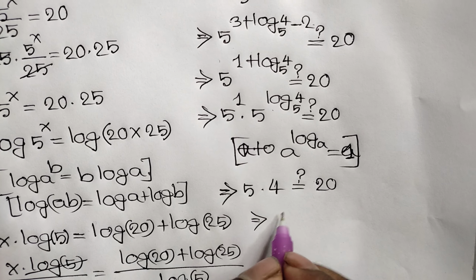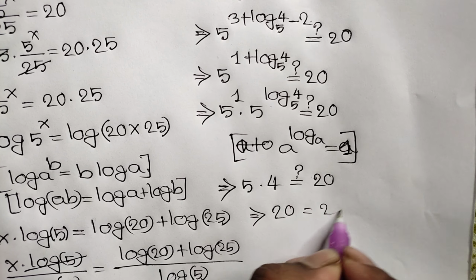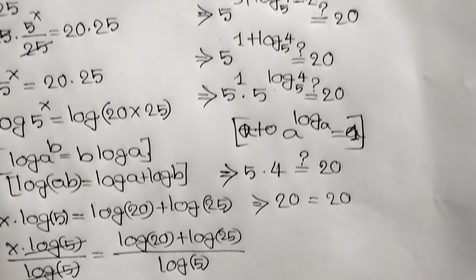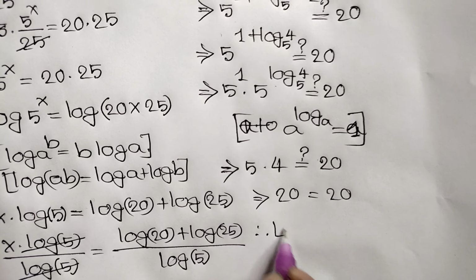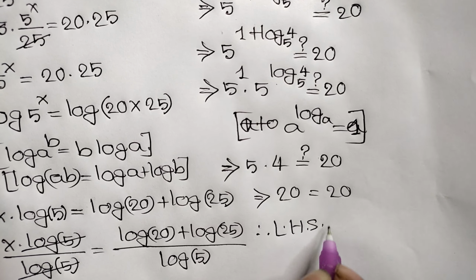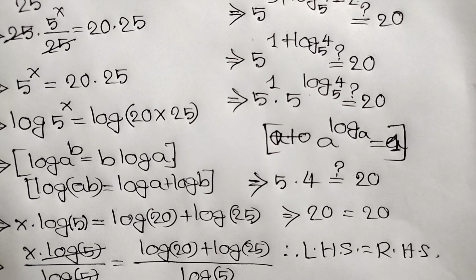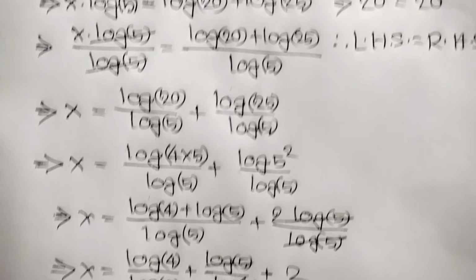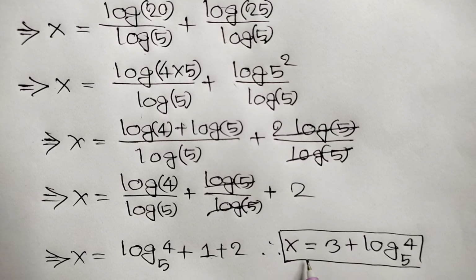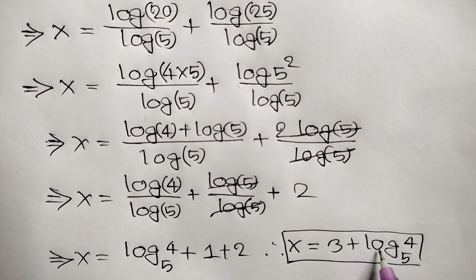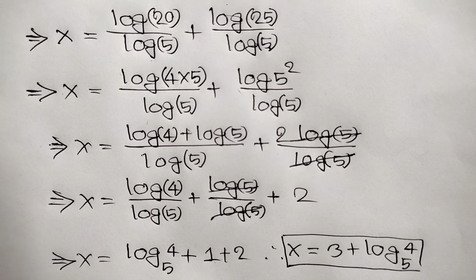We know 5 times 4 is 20, so 20 is equal to 20, so the left-hand side is equal to the right-hand side. So here we get the final answer: x is equal to 3 plus log of 4 base 5.